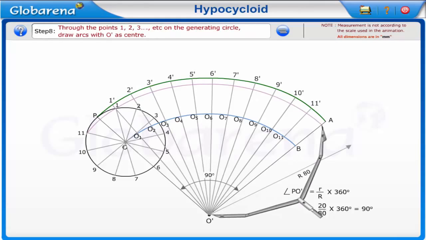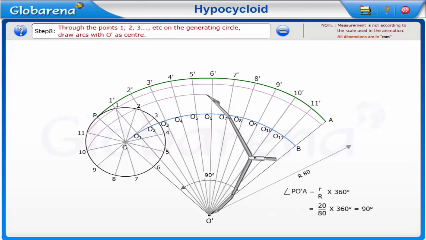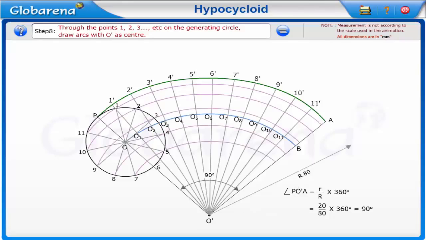Through the points 1, 2, 3, etc. on the generating circle, draw arcs with O' as center.